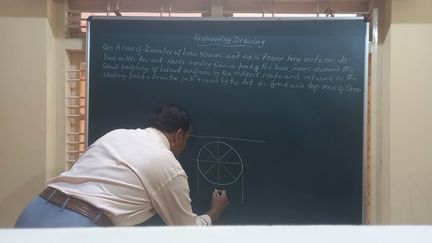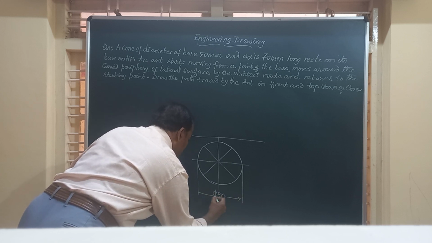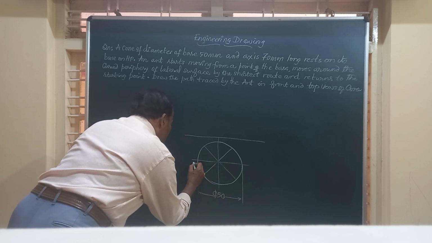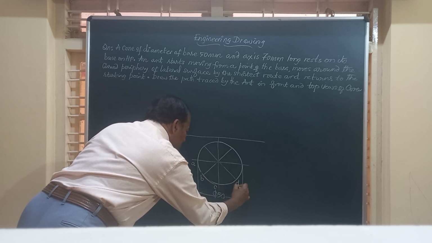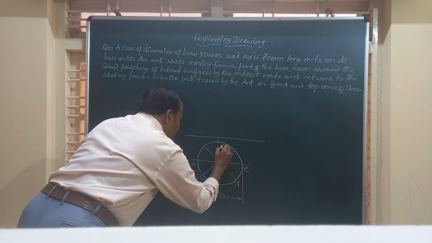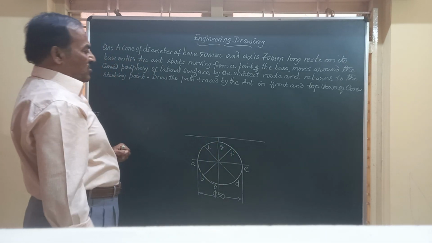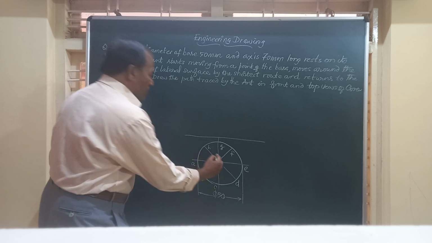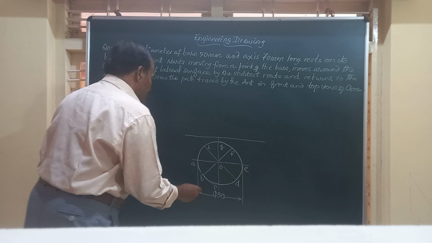That means diameter is 50 mm. I have divided this into 8 equal parts. We'll mark them as A, B, C, D, E, F, G, and H. These are the 8 divisions on the periphery of the base. O is the center, that is the apex of the solid.